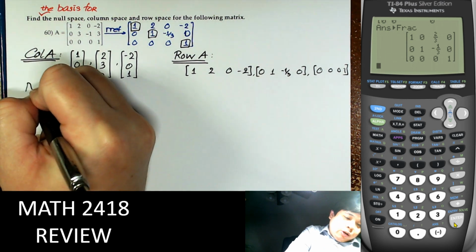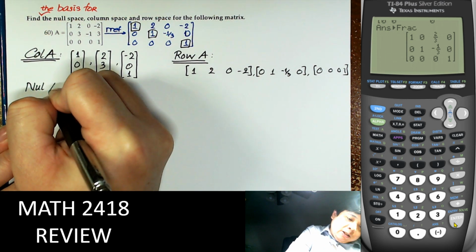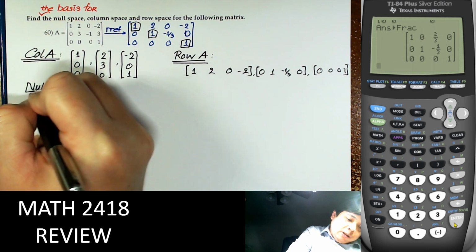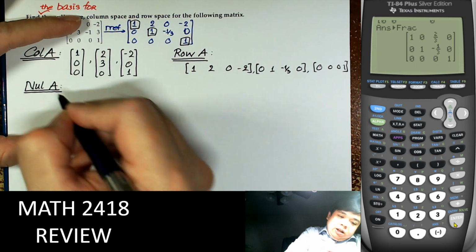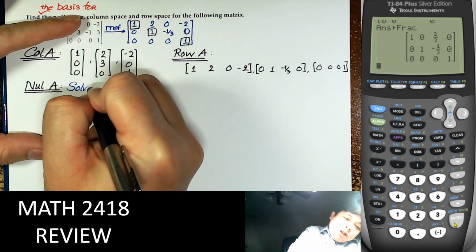Right, now we go to the null space of A. For this, we just need to solve the homogeneous equation.